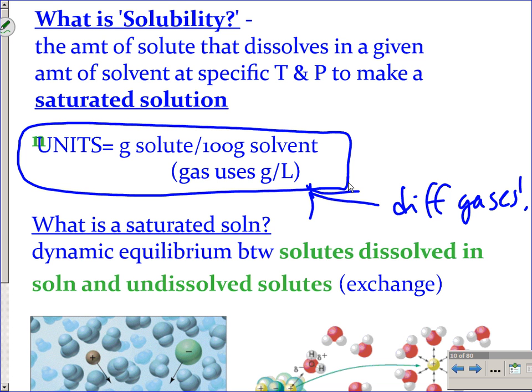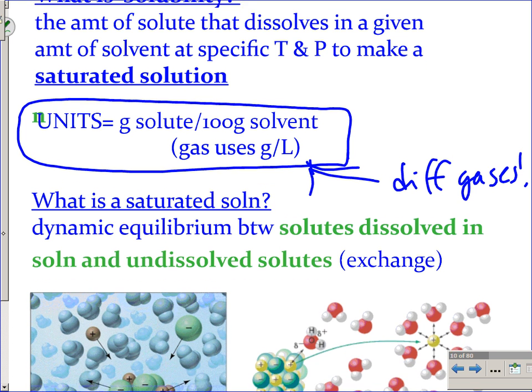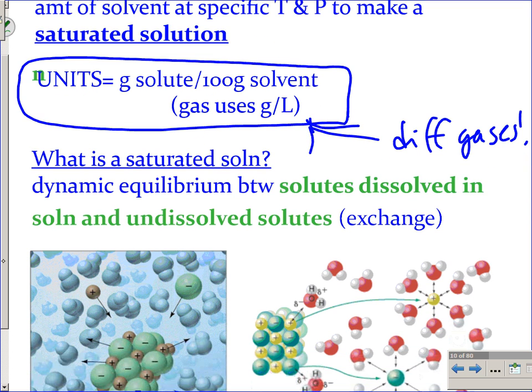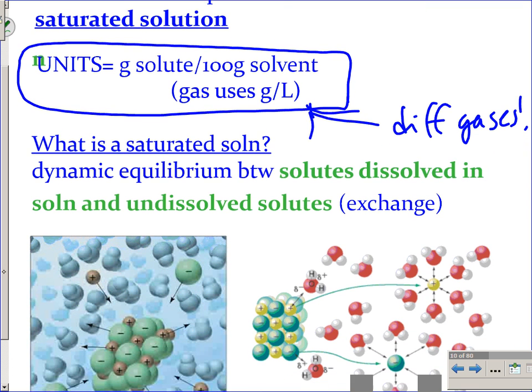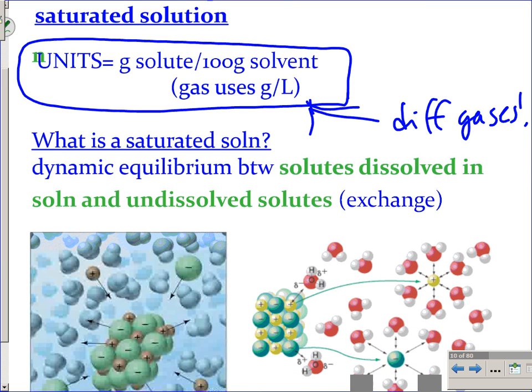Can I scroll down a little bit? A little bit? Okay. So in the exchange that's happening here, as the water molecules are coming in and attacking the solutes, it starts to get ripped apart. And it's only going to do that until it is saturated, until it's at capacity.